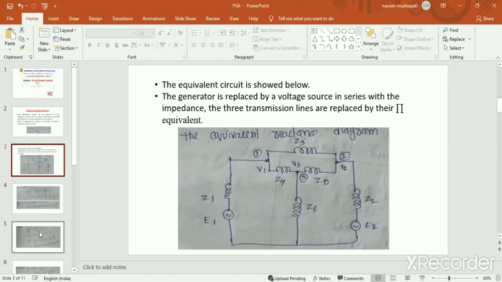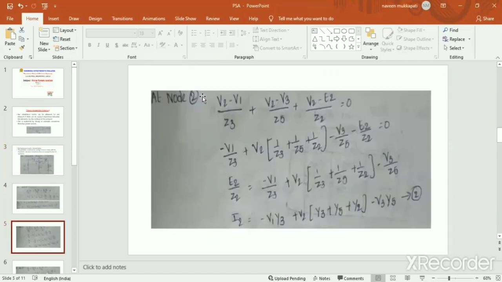This is the KCL at node 2: V2 minus V1 by Z3 plus V2 minus V3 by Z5 plus V2 minus E2 by Z2 is equal to 0. Then simplify this equation.